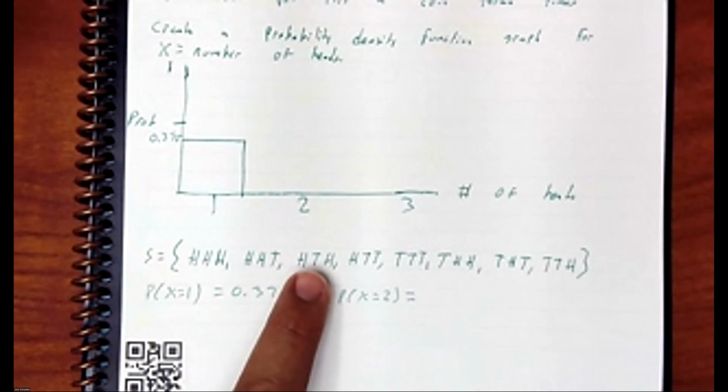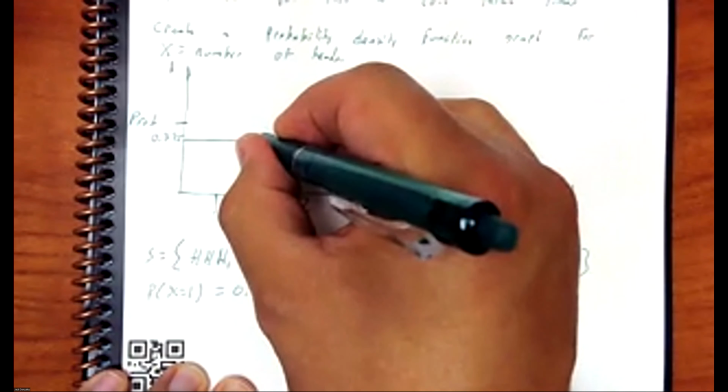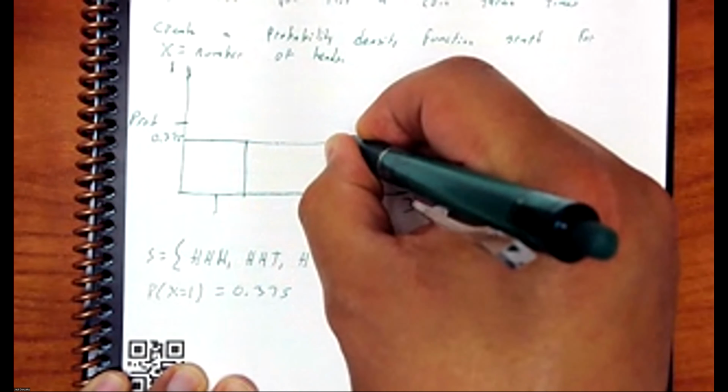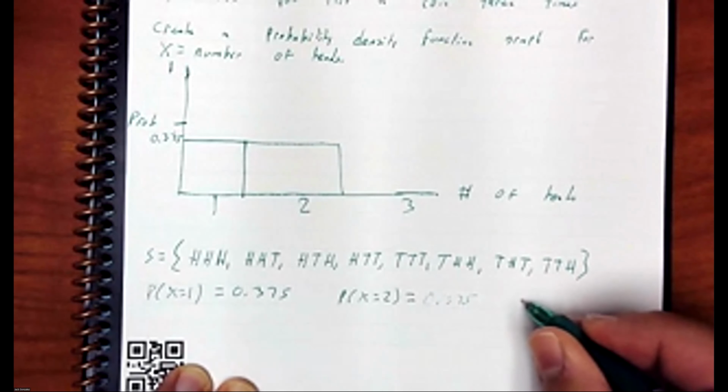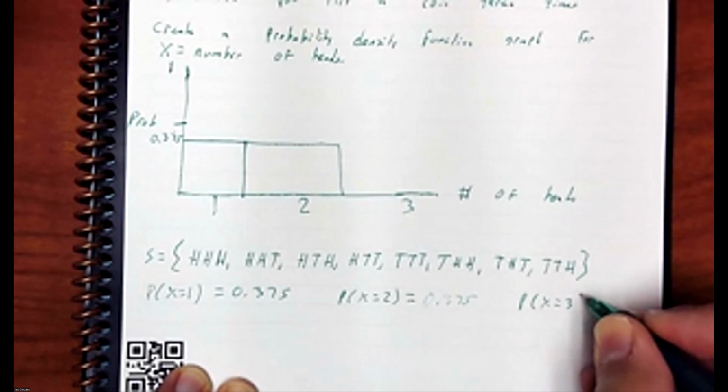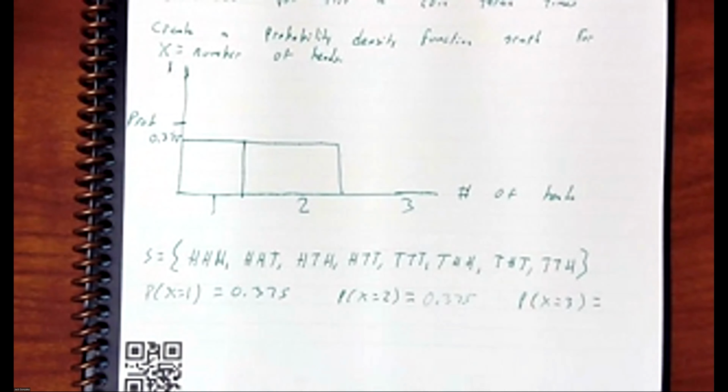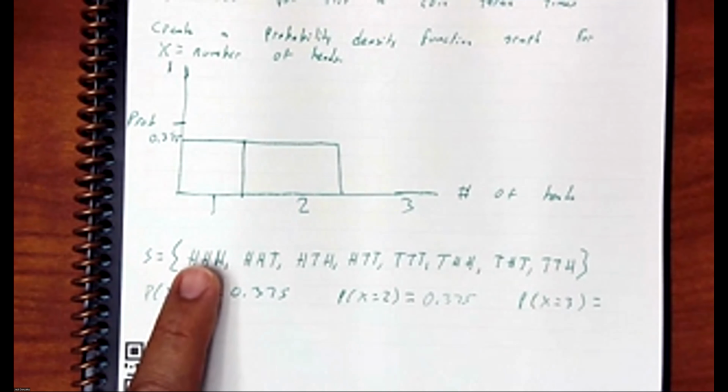Exactly 2. 1, 2, 3, right? As well. I think it's 3. Okay, let's probably leave exactly 3. It's just the 1, correct?